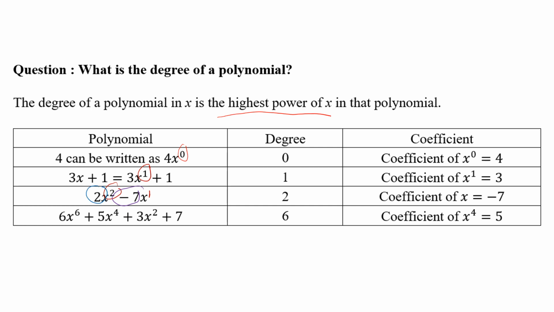For the last one, the highest power is 6, so that is a polynomial of degree 6. Depending on what coefficient we are looking for, if you are looking for the coefficient of x squared, then that is 3. If you're looking for the coefficient of x to the power of 4, then that is 5, and so on and so forth. That explains how we can find the degree of a polynomial.